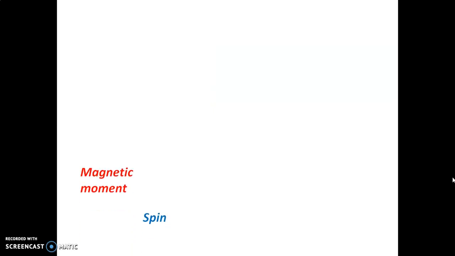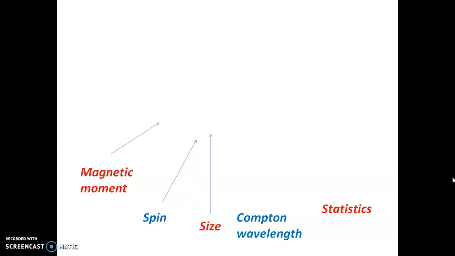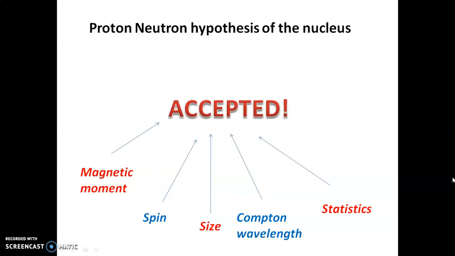So magnetic moment, spin, size, Compton wavelength and statistics again came into view, and the measurements showed that the proton-neutron hypothesis is acceptable, and so the proton-neutron model is till now accepted as the correct structure of the nucleus. Of course, there will be other particles as we come along.